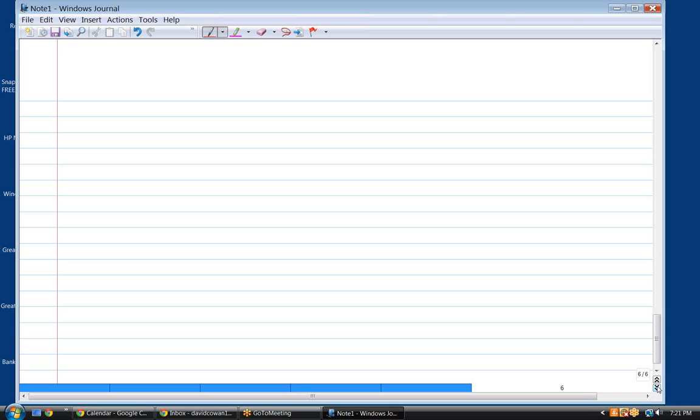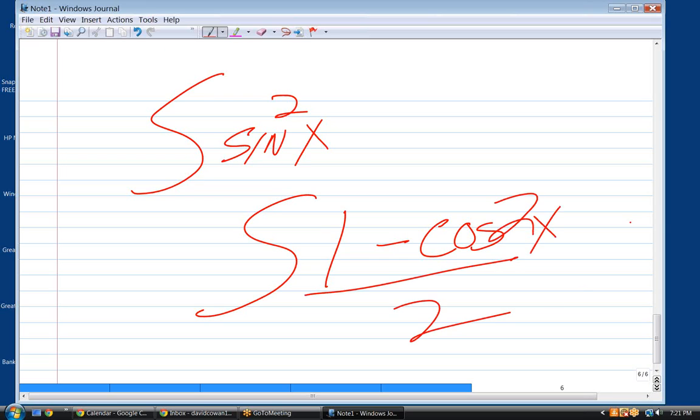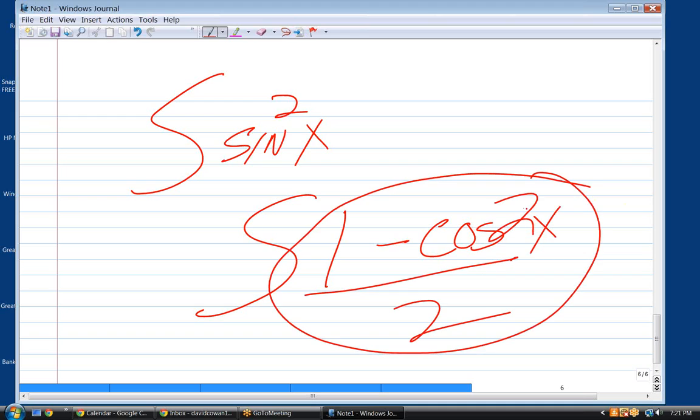The power reducing formulas are so valuable when you get to calculus. The reason is you can't integrate that, but you can easily integrate this. I can integrate that piece of cake. That is really complicated.